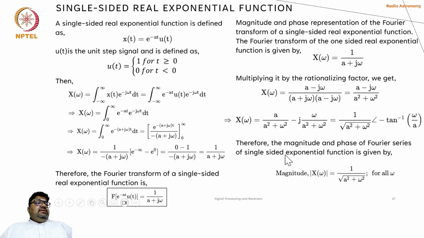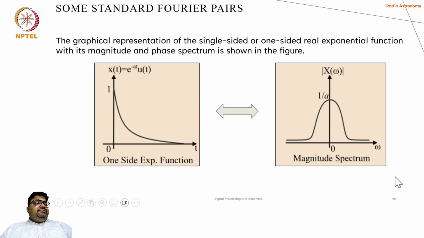Similarly, you can see the exponential function e to the power minus a t times u of t, the unit step signal. If you do that, you get the magnitude of x of omega as 1 over the square root of a squared plus omega squared for all values of omega. So a one-sided exponential function gives this kind of function.